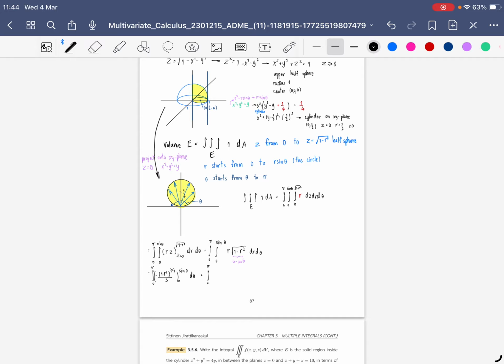But then the whole point here is you also have to separate this into two subregions.